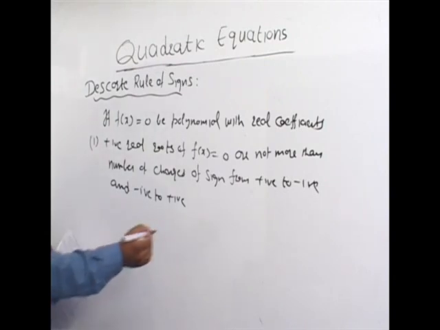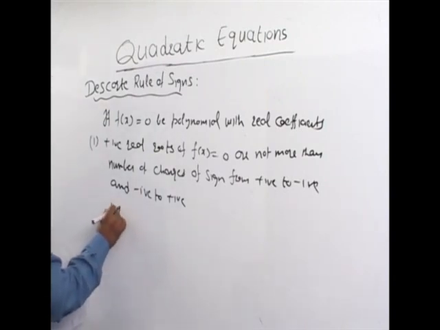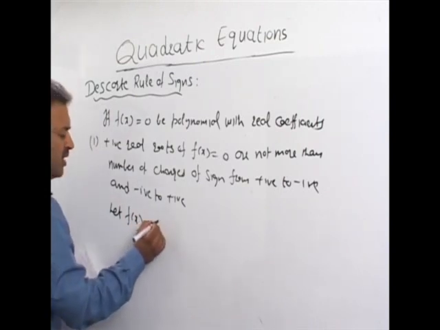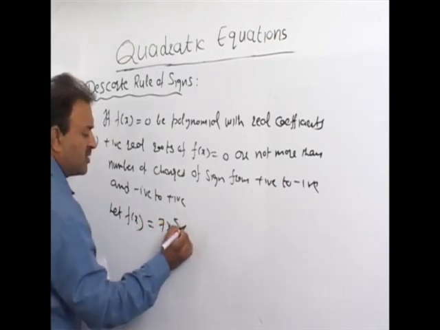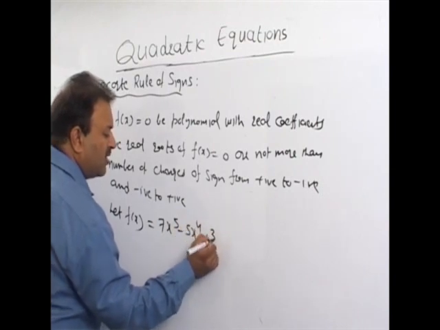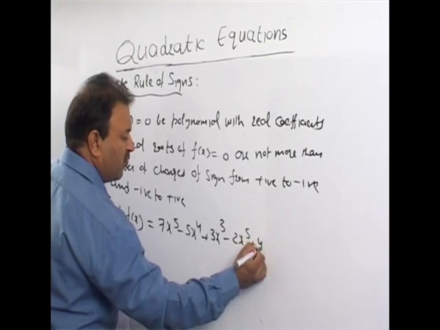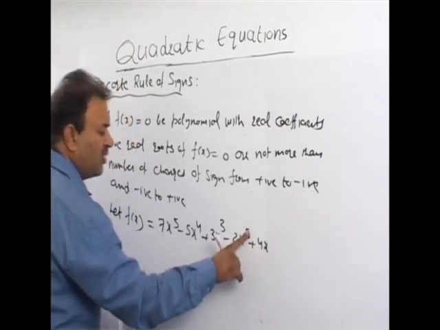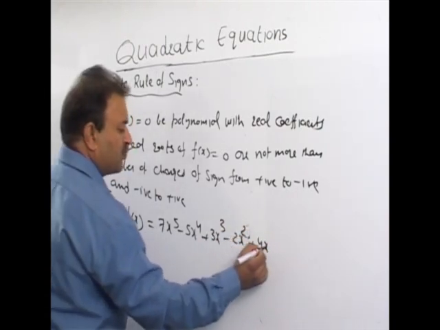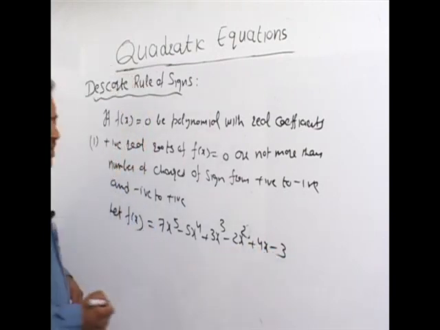I take an example: let f(x) = 7x^5 - 5x^4 + 3x^3 - 2x^2 + 4x - 3.